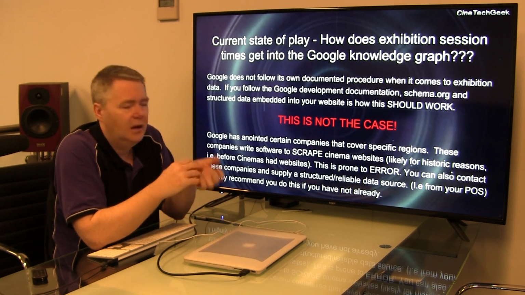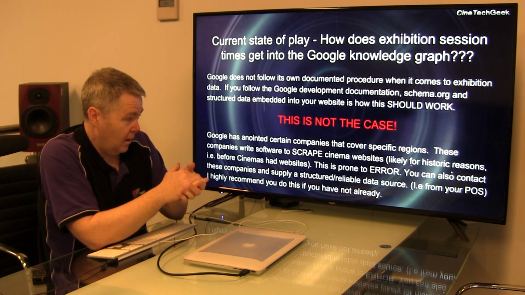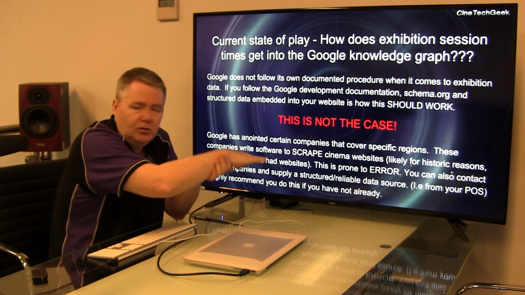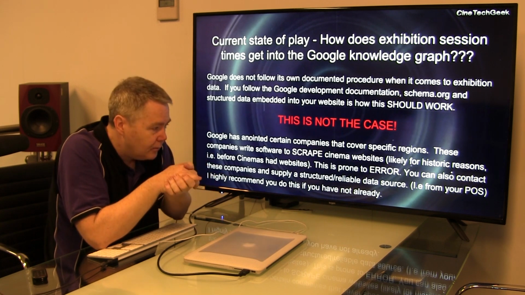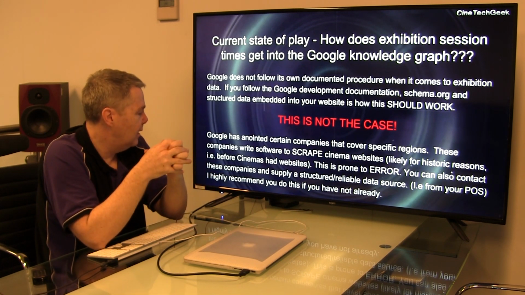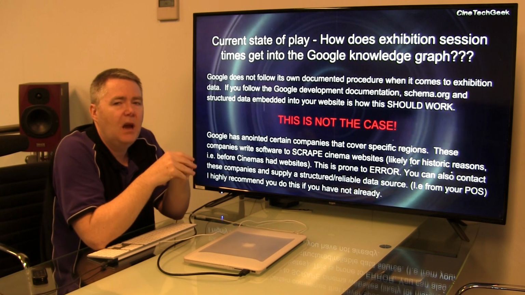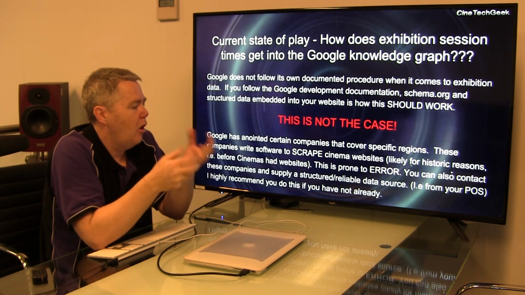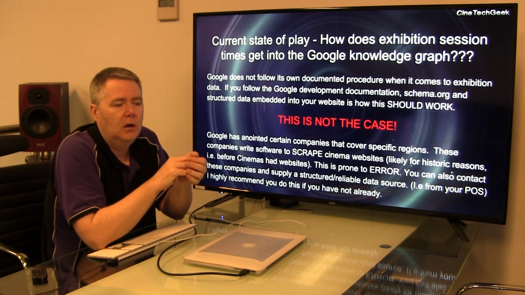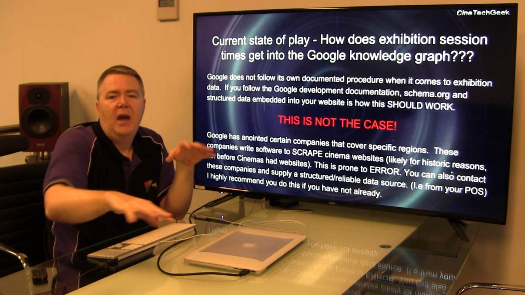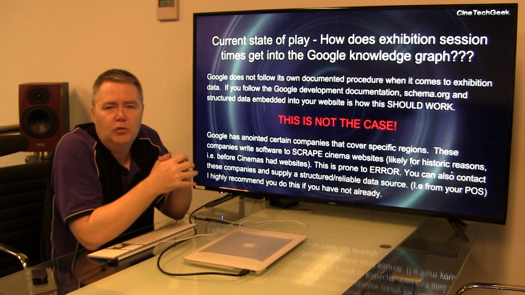And in some cases, and this is what you should do, because of the following reason. Doing a general scraper of a website or just typing it in is a little bit prone to error. But you can contact these companies and you can supply them a proper structured data source, like from a point of sale or an API key to a back-end cloud system that may be looking after your session times.